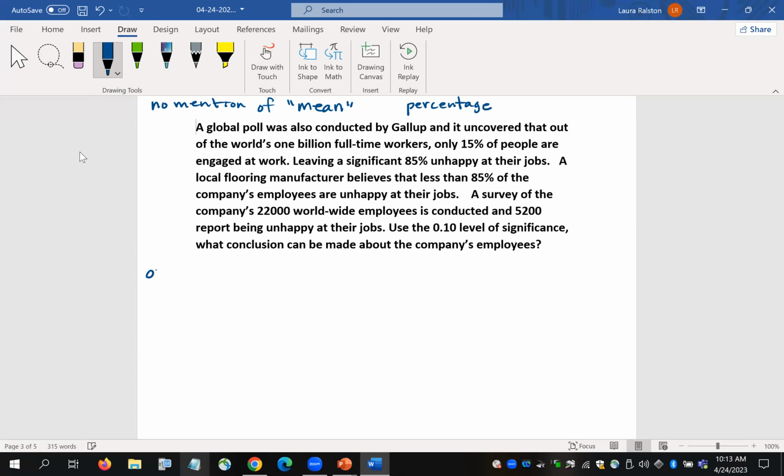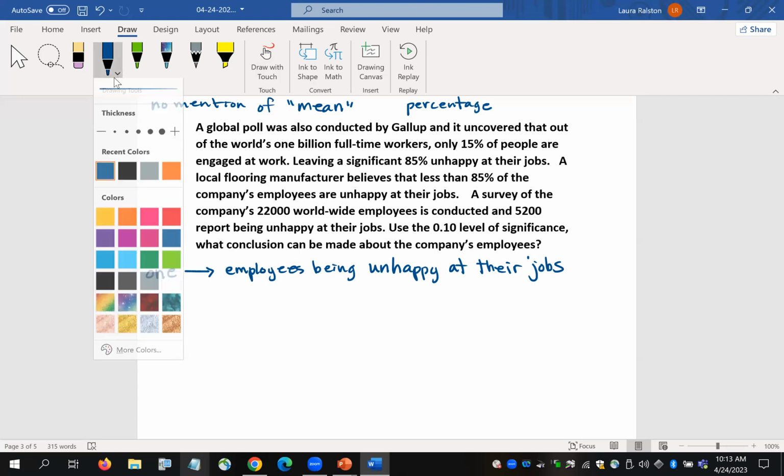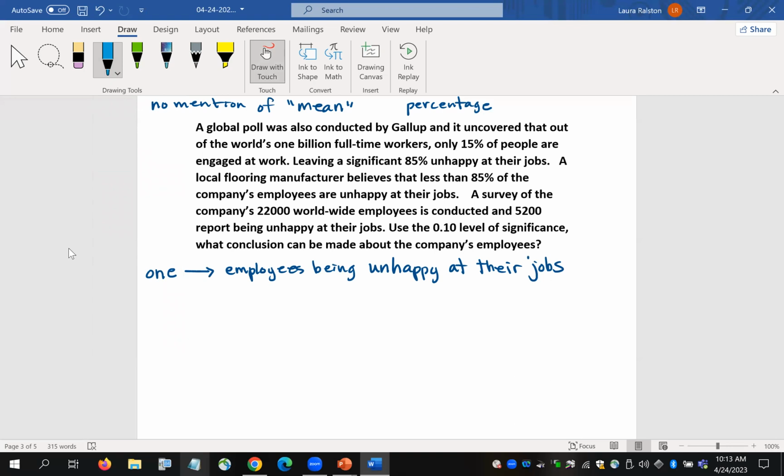They're only really talking about one thing, and the one thing that they're focusing on is employees being unhappy at their jobs. So I have one thing that they're talking about with percentages. So that is my clue that I want to do a one proportion z-test.